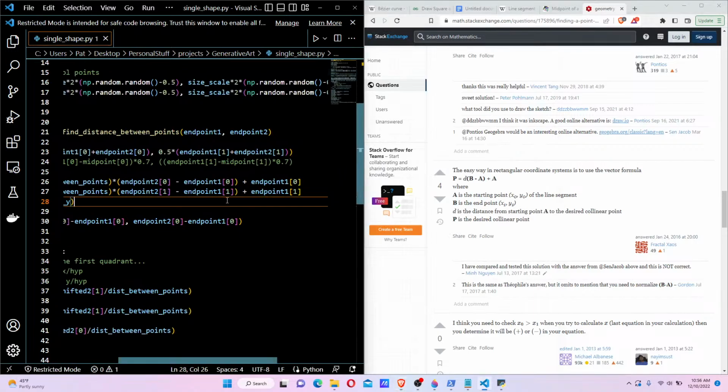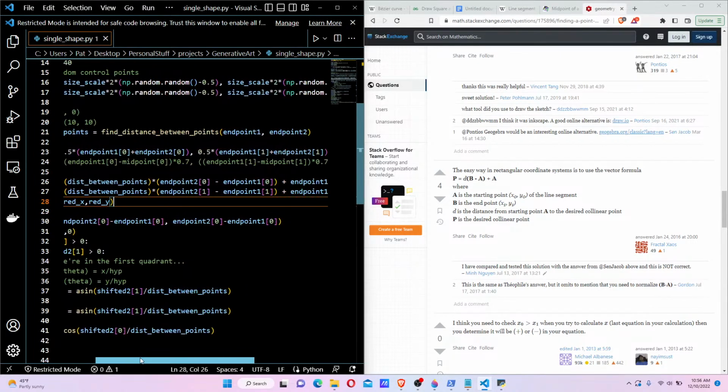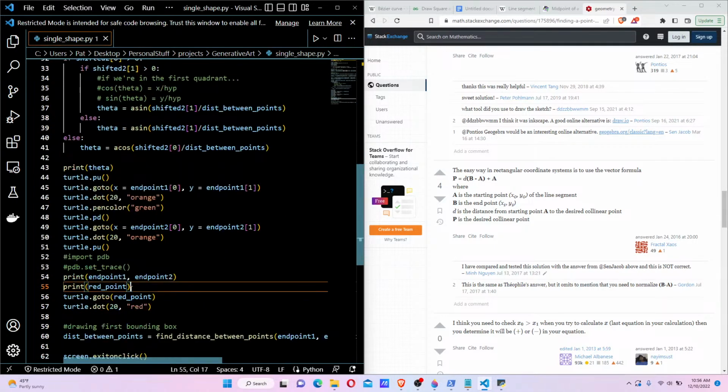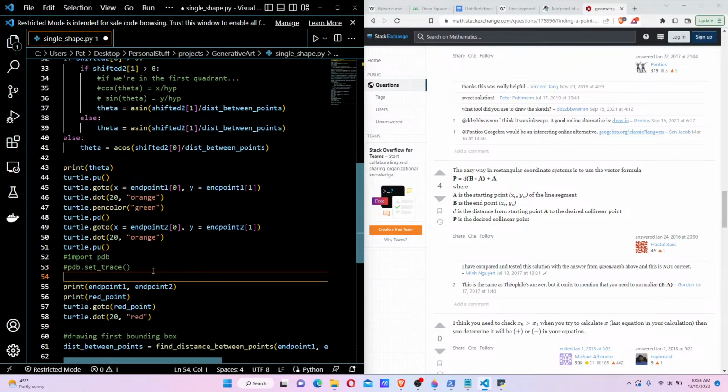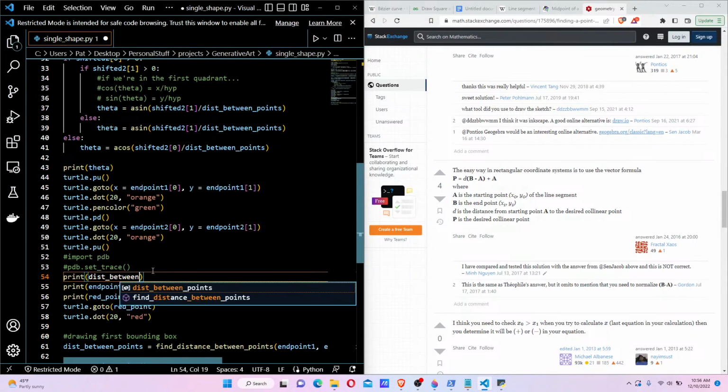Minus endpoint 1, then plus endpoint 1, d times the difference. Print distance between points.